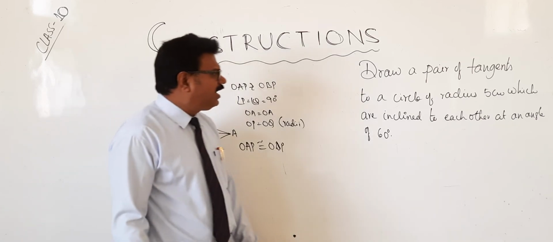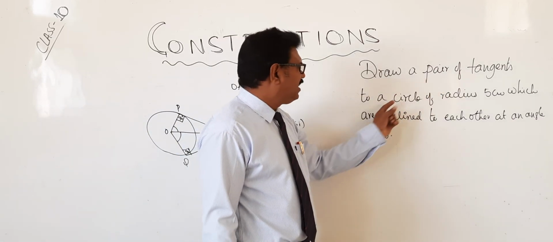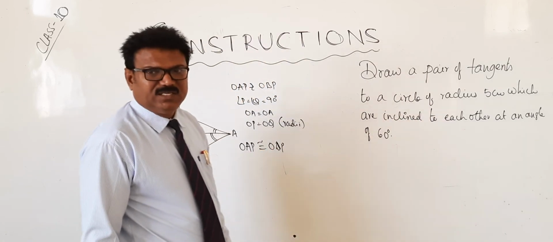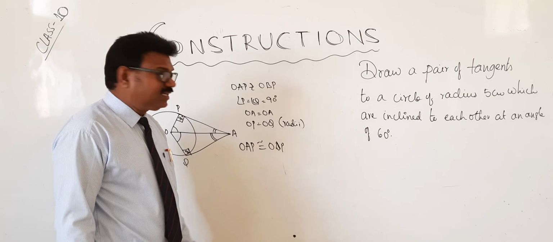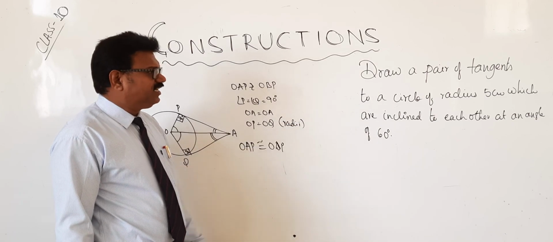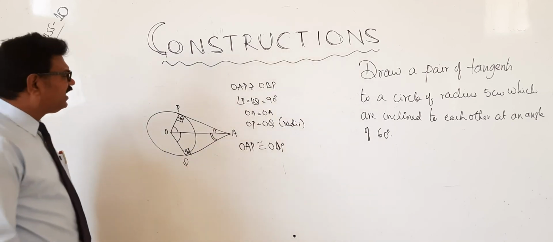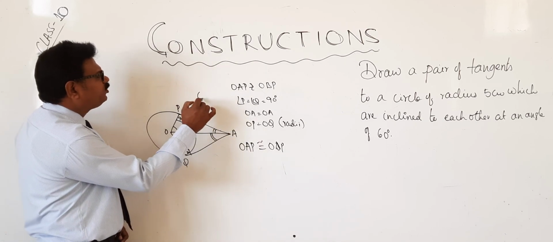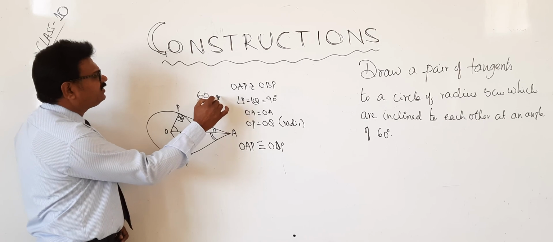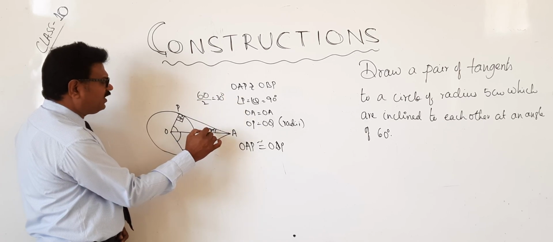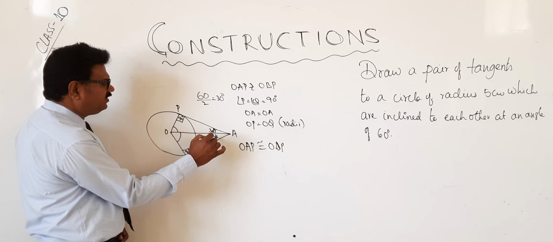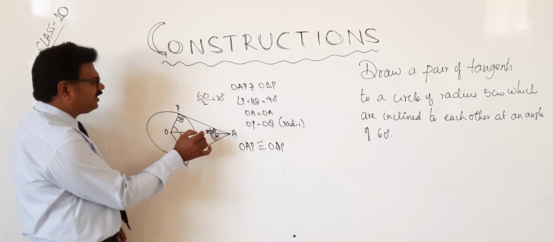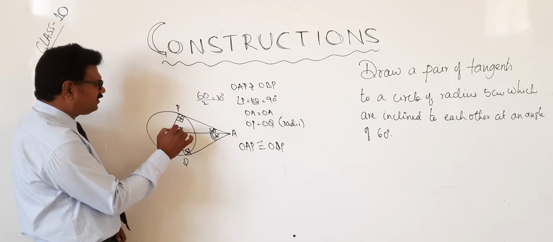Now in the problem, draw a pair of tangents to a circle of radius 5 cm which are inclined to each other at an angle of 60 degrees. At an angle of 60 degrees means 60 divided by 2, how much is it? 30 degrees. That means this is also 30 and this is also 30. You see, 90 plus 30 is 120, therefore the remaining is 60.